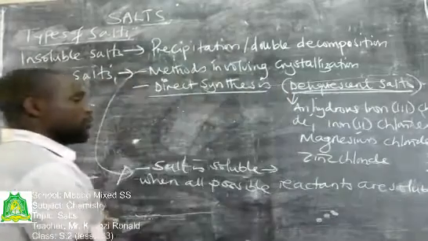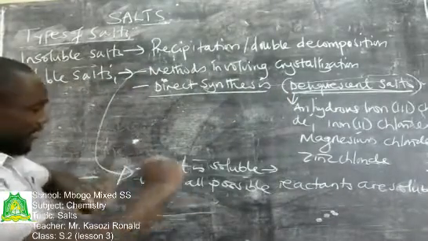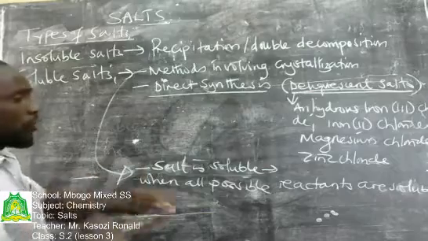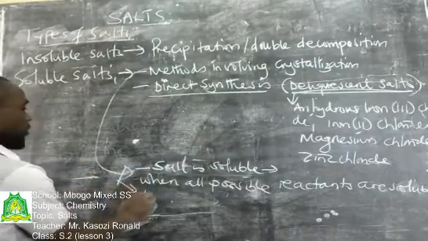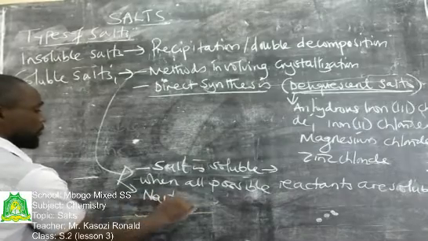So a salt obtained from reactants that are all soluble in water is prepared by the method called neutralization.